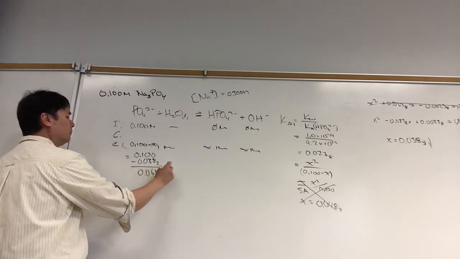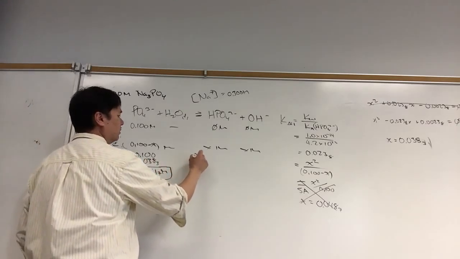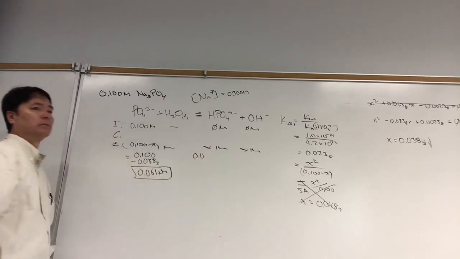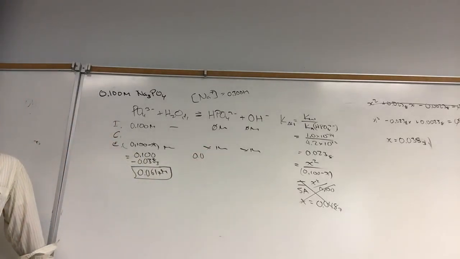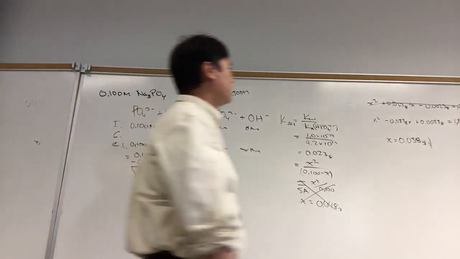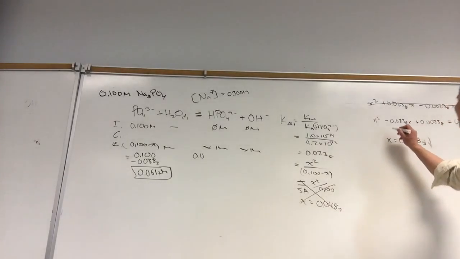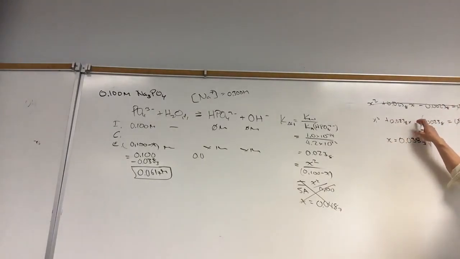0.0617 molar. Professor, the plus and minus on that quadratic are backwards. I just checked it again. Wait, it's plus 0.0238 and it's minus 0.00238. Okay. That's a plus, and then the next one's a minus. Yeah. That's correct. All right. Did it change our x value?